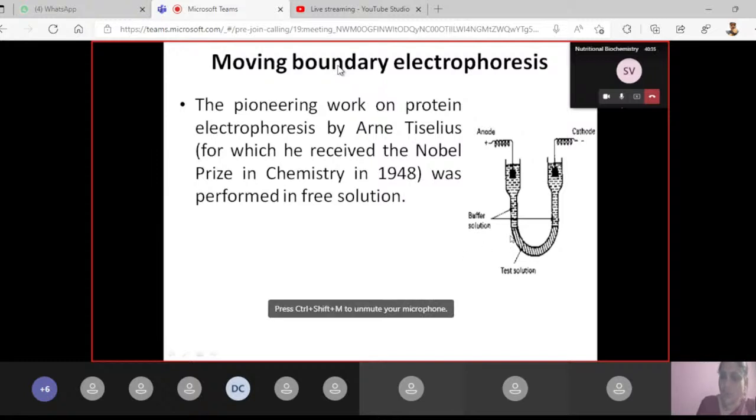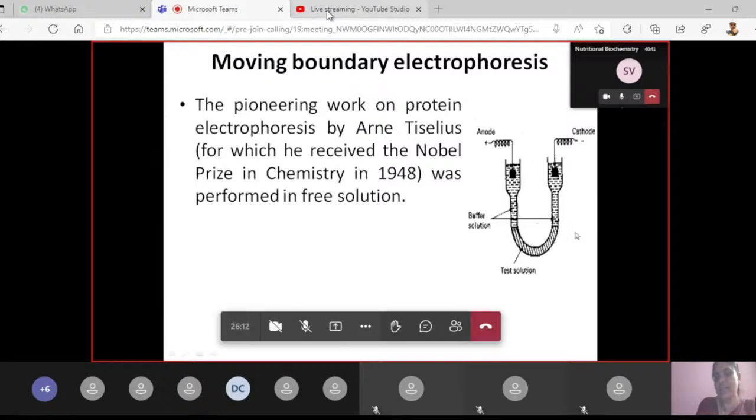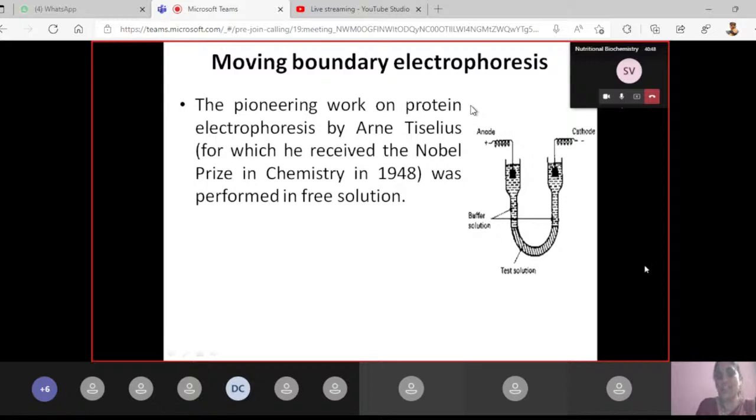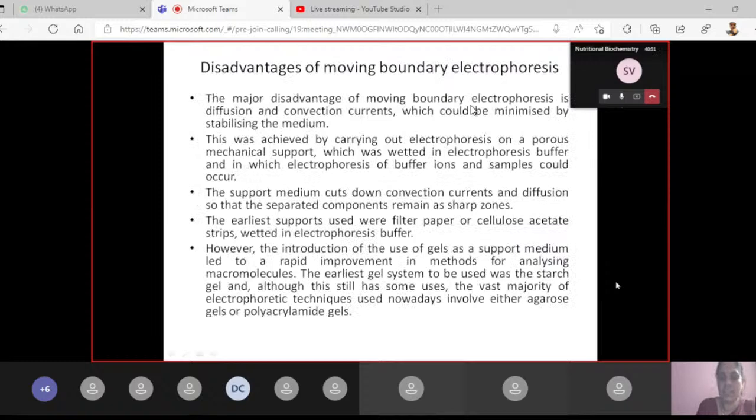So the molecules will start moving based on size or charge, but there are two disadvantages. As I said, one is diffusion and the other is convection, electric convection.